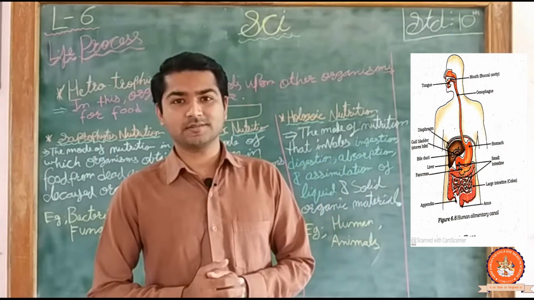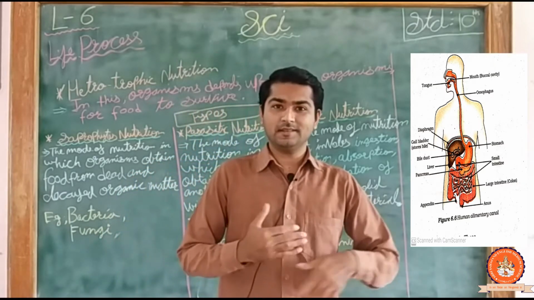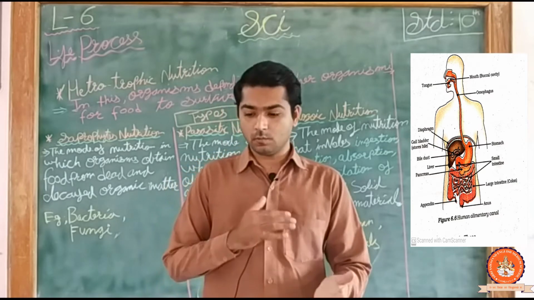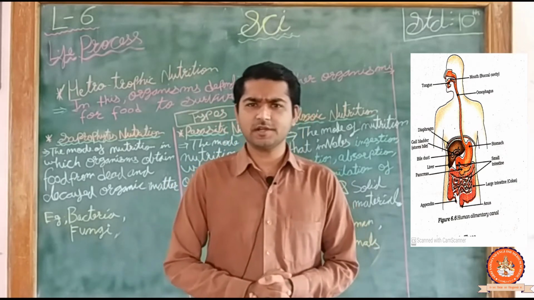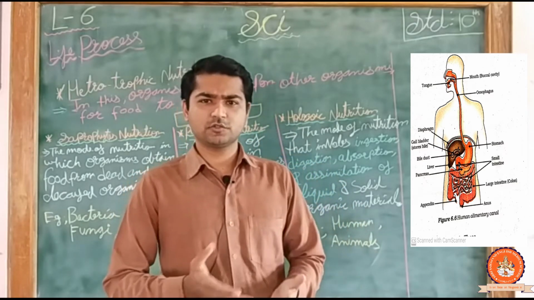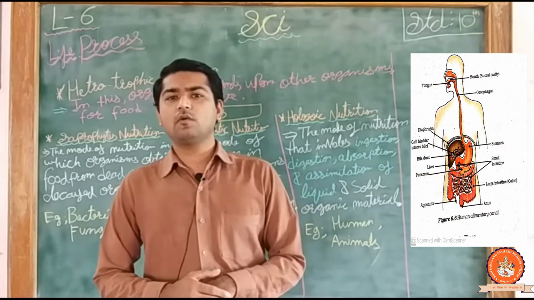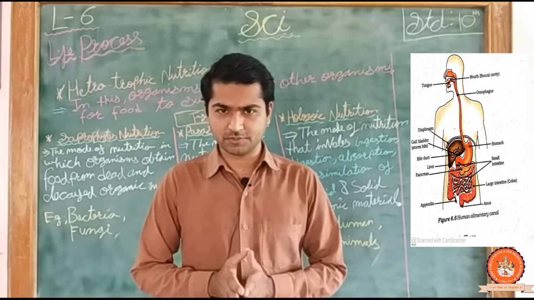We understood autotrophic nutrition, photosynthesis, chlorophyll, and stomata, which you studied in your previous standard. Clear? Now today we will go on to the second mode of nutrition, that is heterotrophic nutrition.